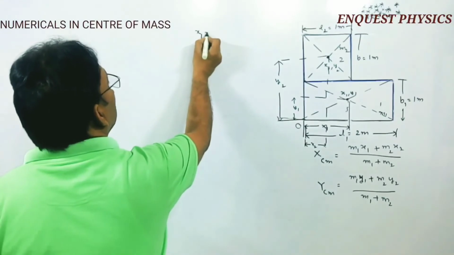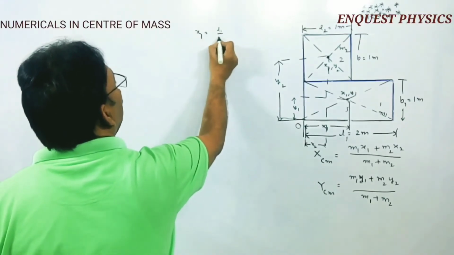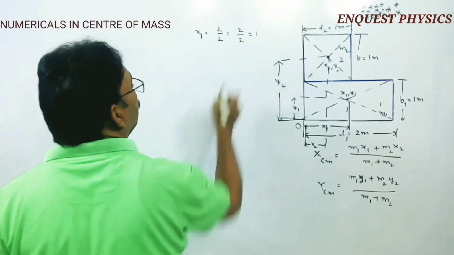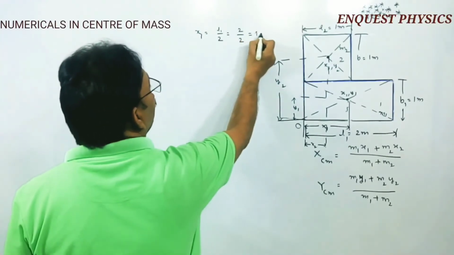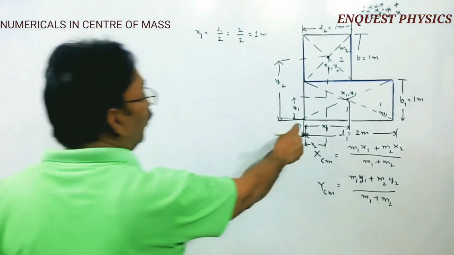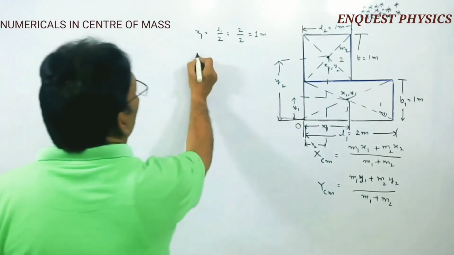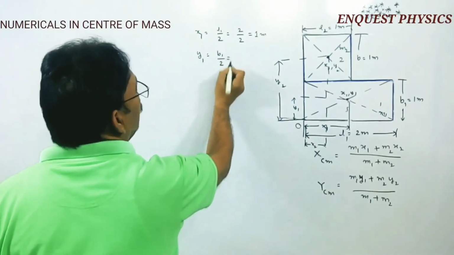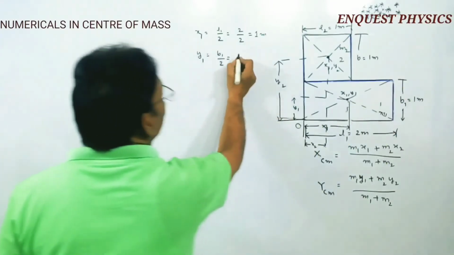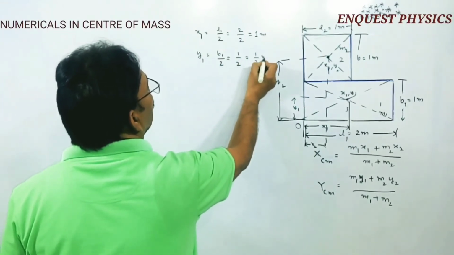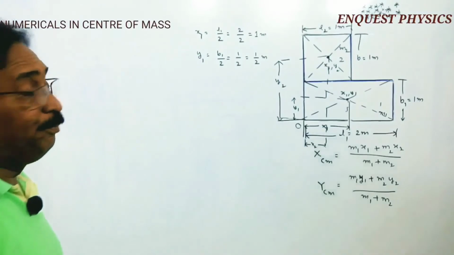That is, x1 is equal to L1 by 2, and you get 2 by 2, which is equal to 1 meter. Similarly, we have to find y1. y1 is equal to b1 by 2. Is b1 1 meter? 1 by 2, it is half meter.